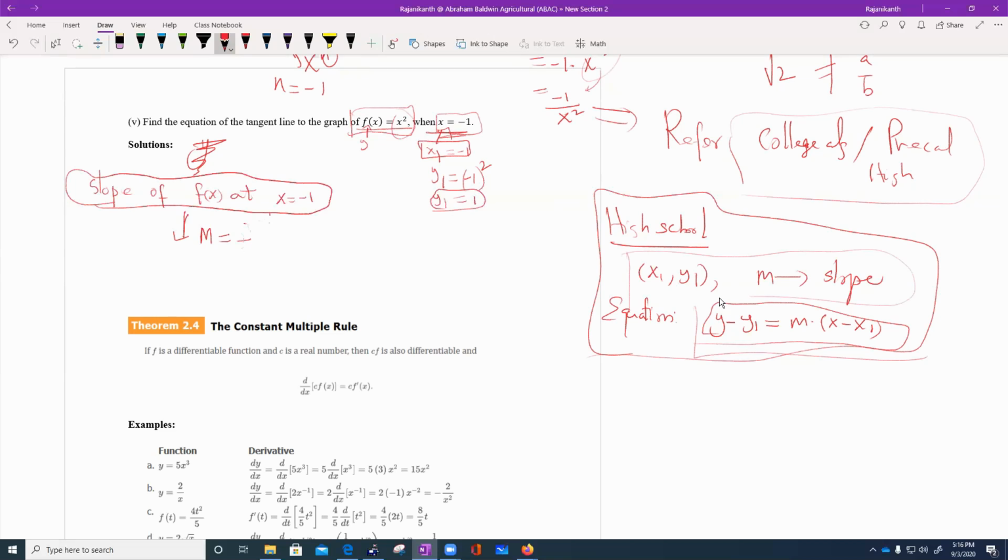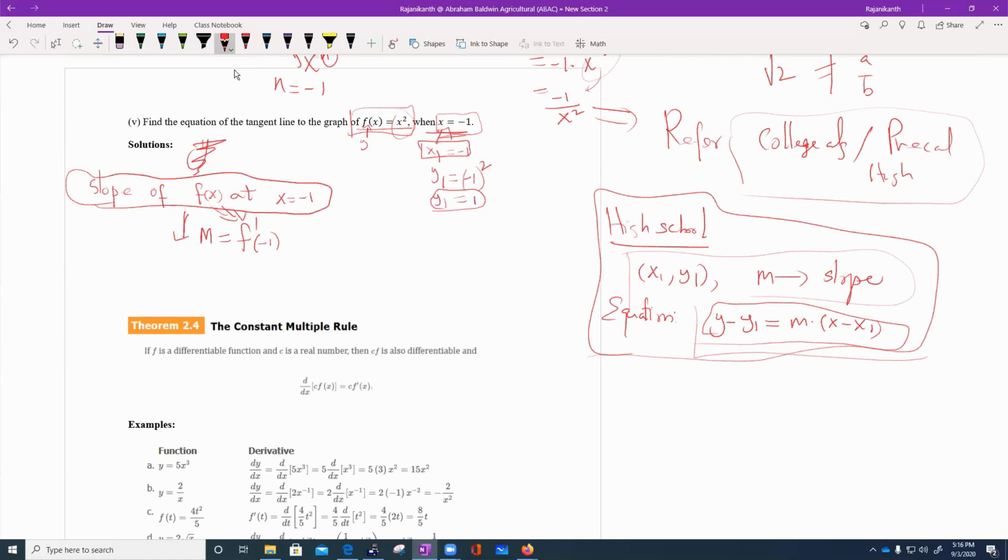This is the meaning, right? So the slope of f(x) at -1 means f prime at -1. Very short. You see, just one letter we use. That means your task is to find the derivative of f first, then plug in x = -1 there.